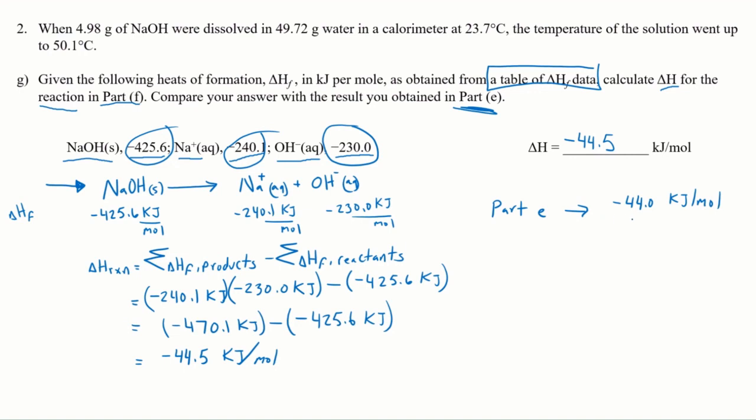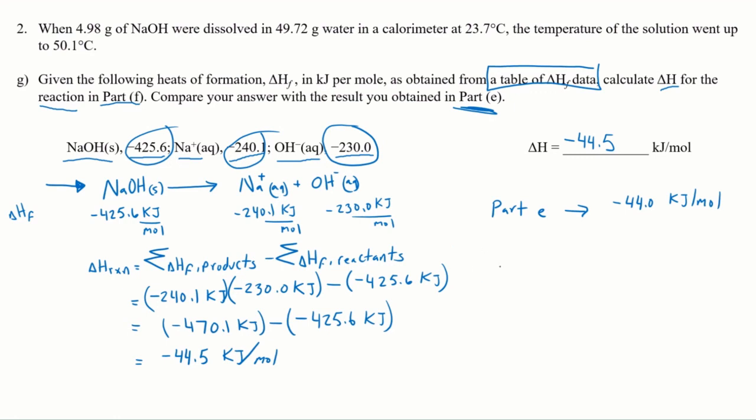So experimentally, negative 44.0 kilojoule per mole. According to the literature value, we should obtain negative 44.5 kilojoules per mole. So here it seems that they agree very reasonably.